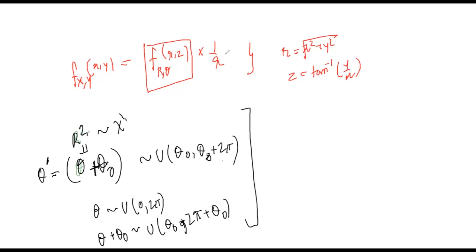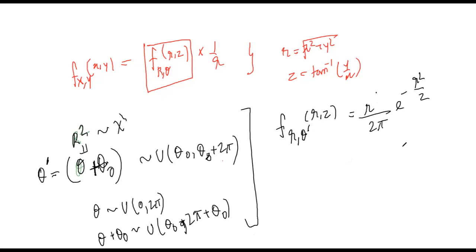So what will be the f of r comma theta dash? Both are connected to each other. If we know the corresponding chi-square distribution and the corresponding uniform distribution, we will get r by 2 pi times e to the power minus r square by 2.